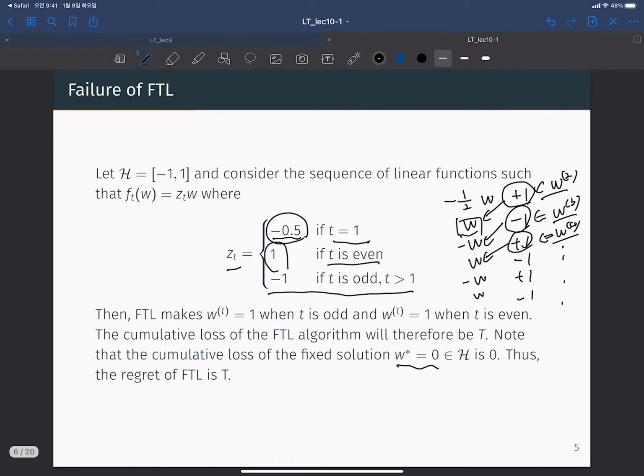For instance, in the previous case, we can freely go between +1 and -1, so every time slot we change our decision between +1 and -1 all the time. But if we introduce an additional regularization term like R(w), the R(w) can enforce such movement to stay near 0.